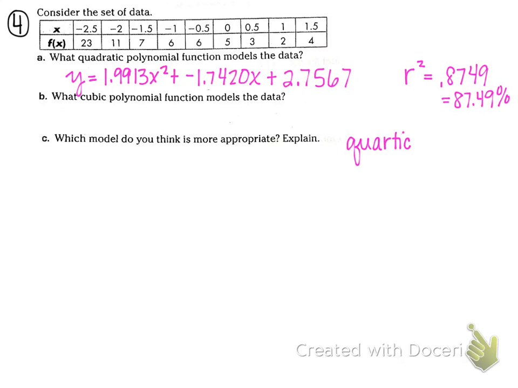So now let's do the cubic. So go Stat, over to Calc, and we go to number 6, cubic.